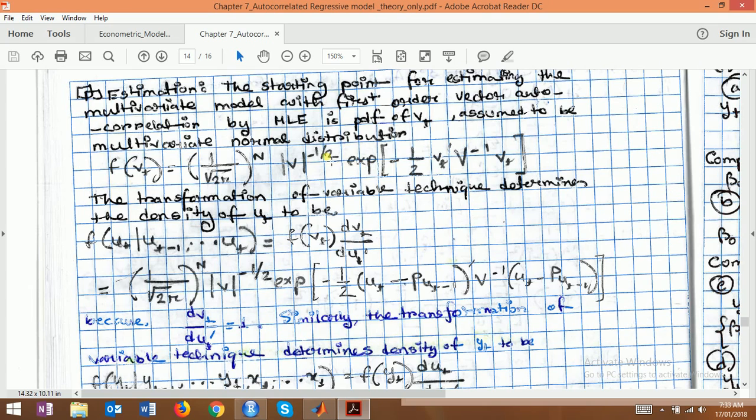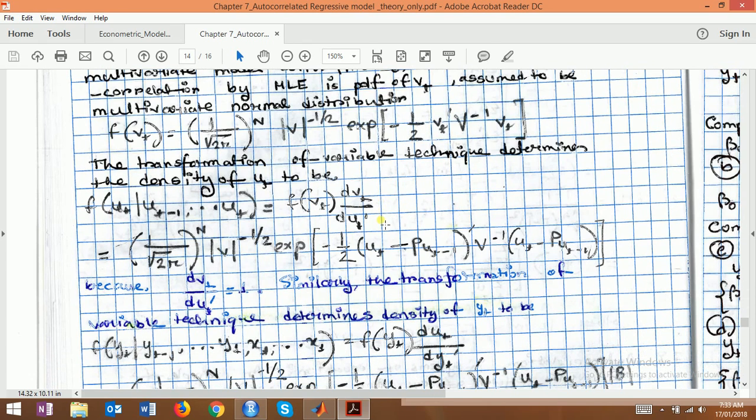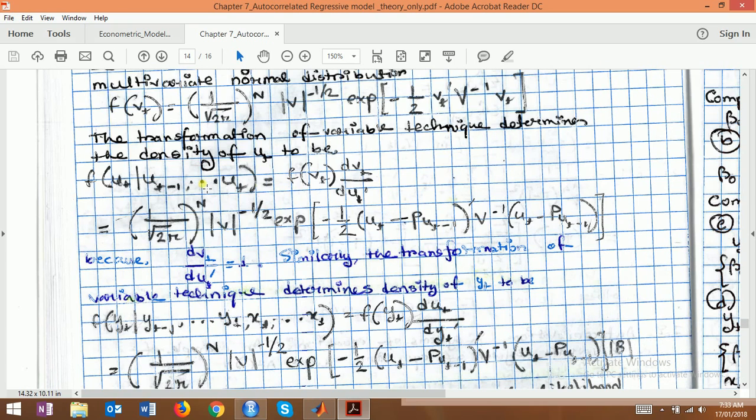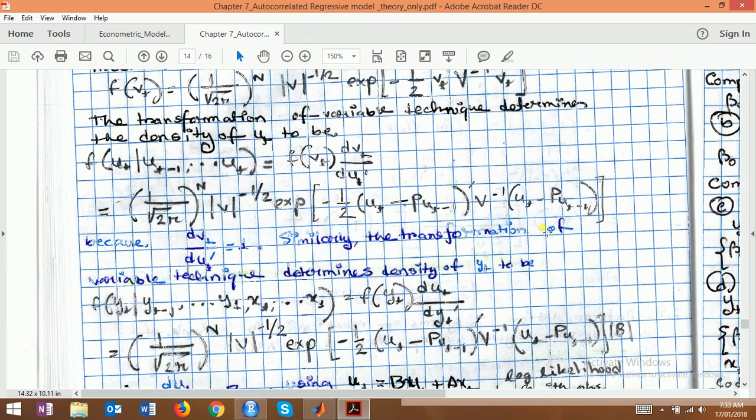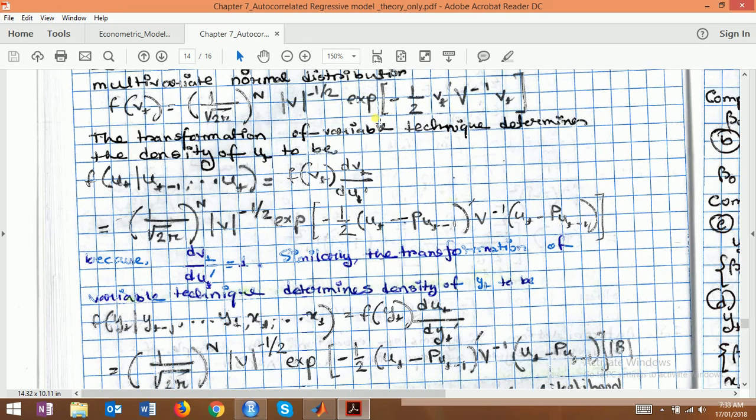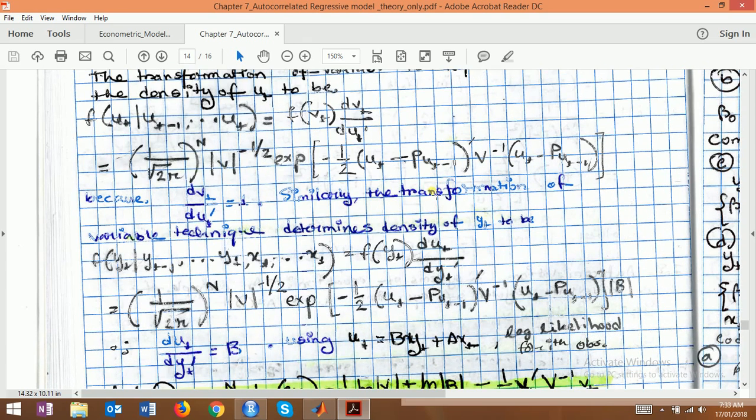And the multivariate model distribution is 1 over root of twice pi, this is the probability distribution function of Vt, which is 1 over root of twice pi to the n, absolute value of root of v, then exponential of the decomposition of v. And then with the variable transformation technique we have shown you how we can transform Vt to ut, which then becomes this equation. Instead of v we put ut minus rho ut minus 1 in all cases.